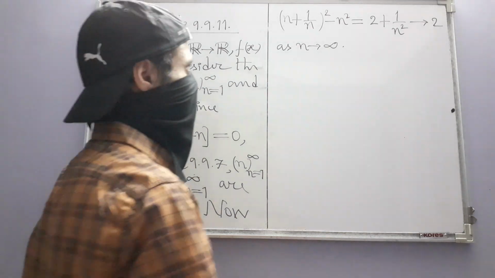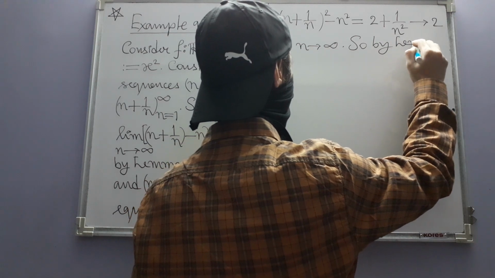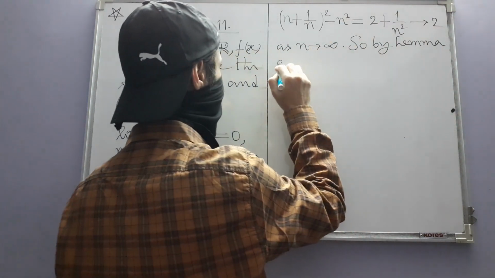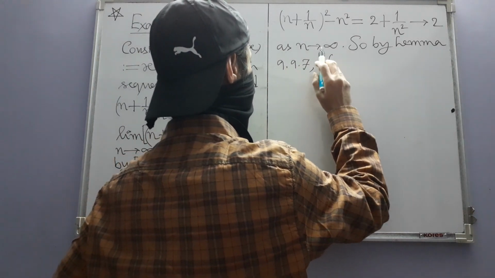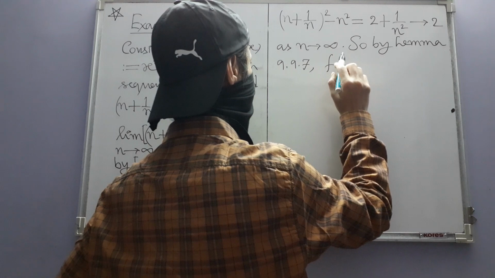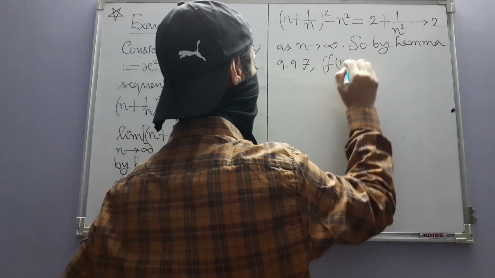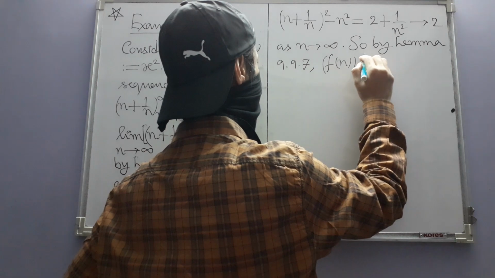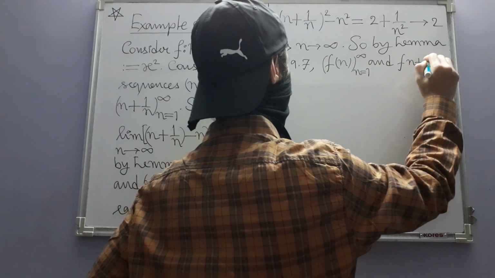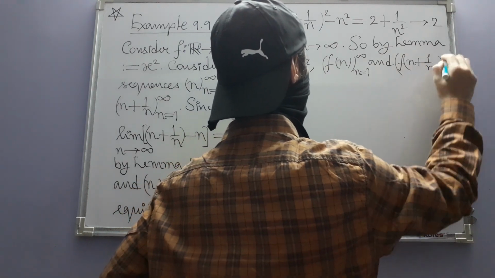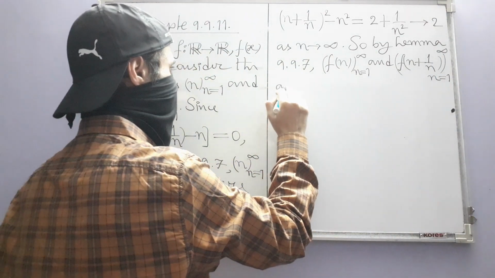Hence by lemma 997, the sequences f of n and f of n plus 1 over n are not equivalent.